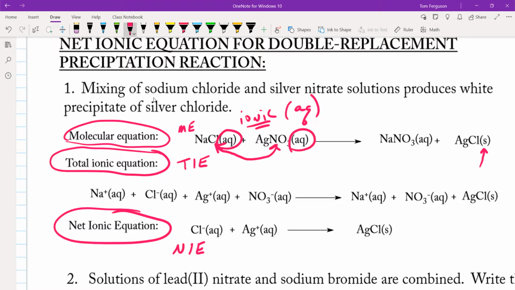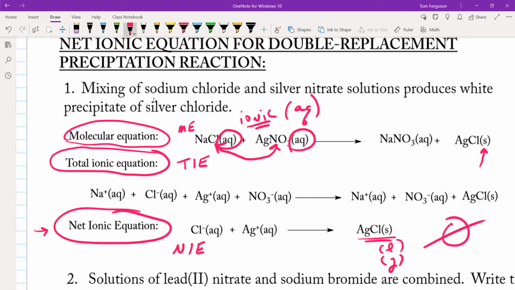Okay, now this is only written if you get a SLG over here. If you don't get a solid, liquid, or gas forming, then it is a null net ionic equation. In other words, no net ionic equation.